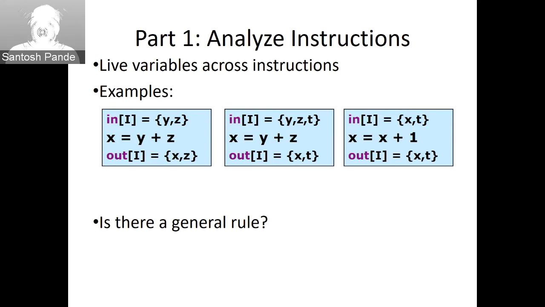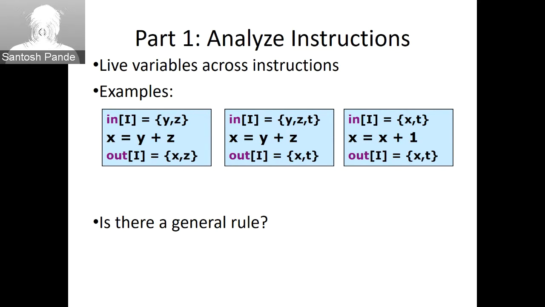And as far as that value of x is concerned, it is not being used before it's rewritten, which is coming at the top. That's why this x value will not be considered live at the entrance.